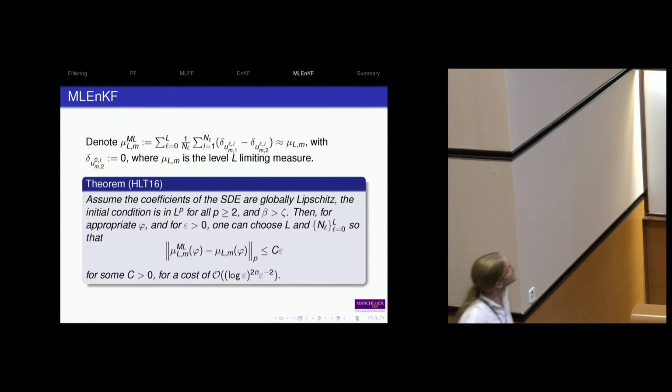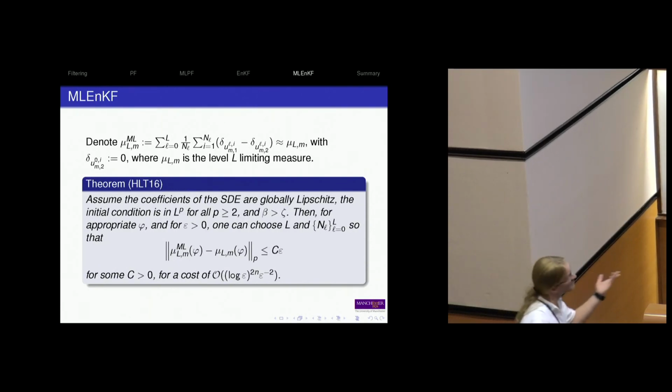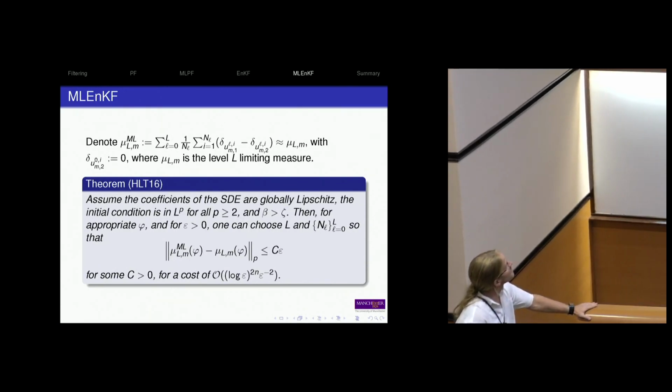So for the multi-level ensemble Kalman filter, we get this multi-level empirical measure, which converges to the level L limiting measure, which is not the filter at level L, but is this mean field ensemble Kalman filter.